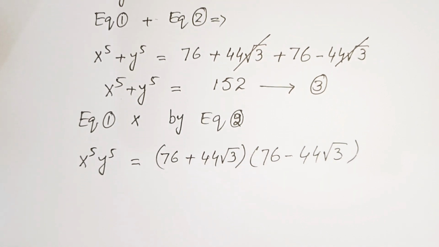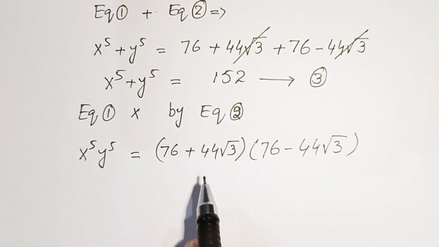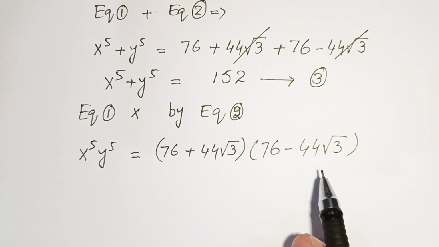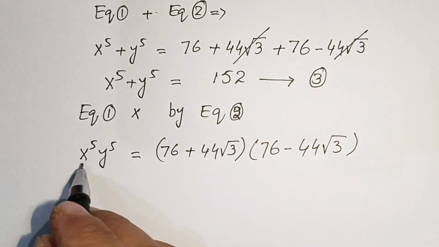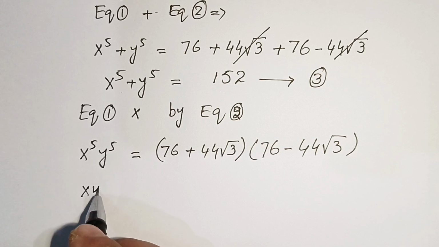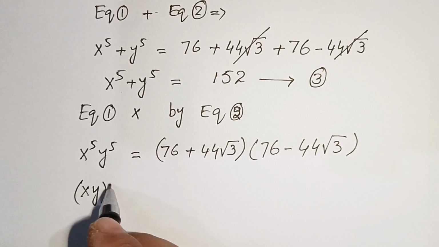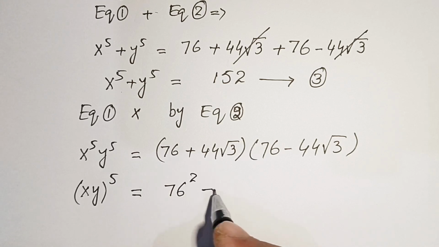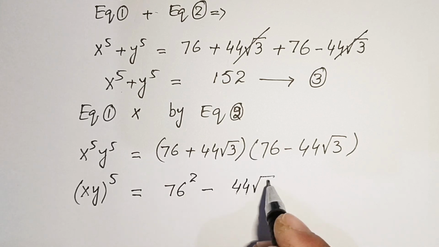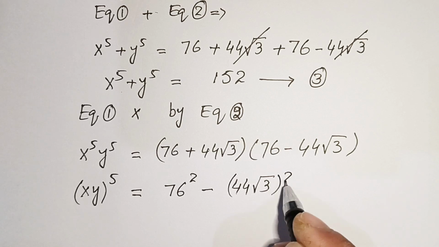Now here we see that we can use a plus b times a minus b, which is equal to a squared minus b squared. So this x to the power 5 y to the power 5 can also be written as x times y whole to the power 5, which is equal to 76 squared minus 44 times square root of 3 whole squared.